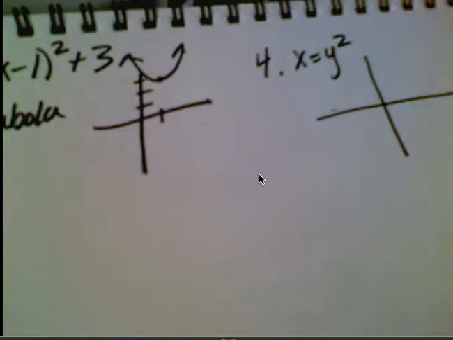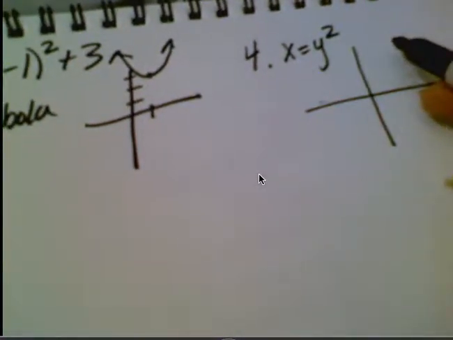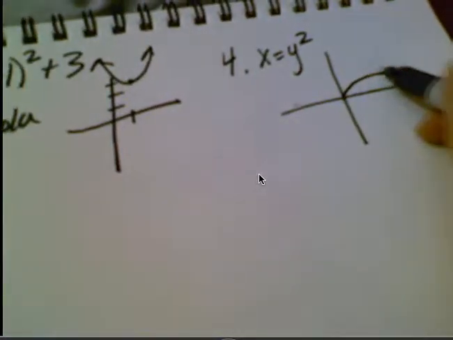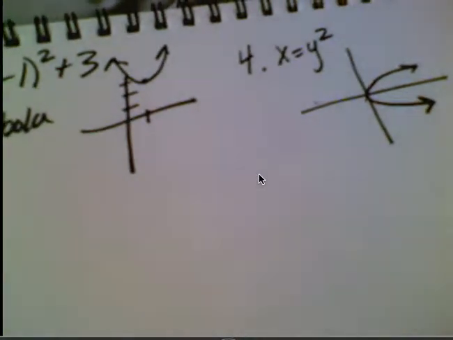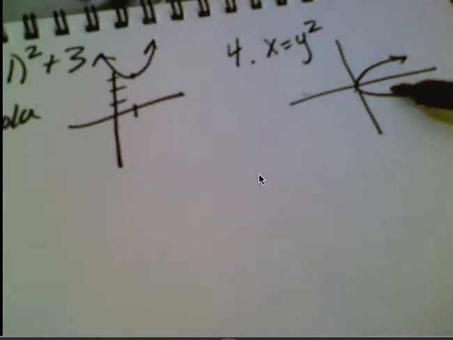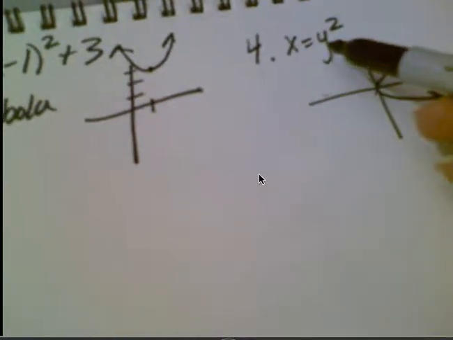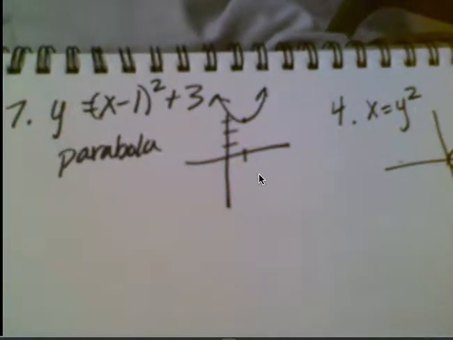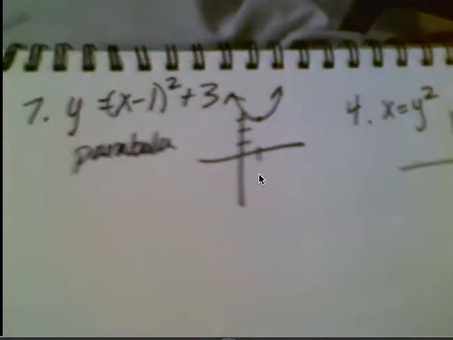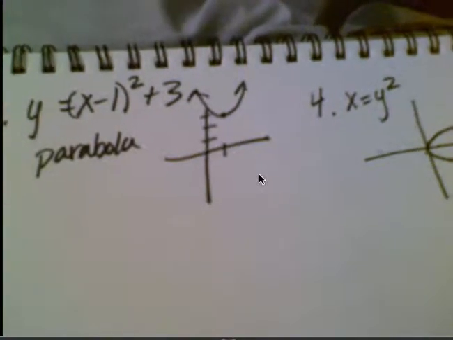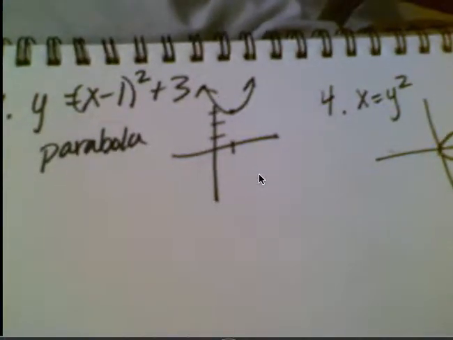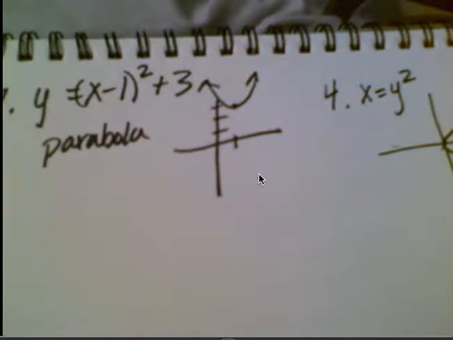Actually, I used to cover it in calculus or pre-calculus. But it's a parabola, only one of these compared to our hyperbolas, because of only one variable squared. So 4, 7, and 5 are parabolas.